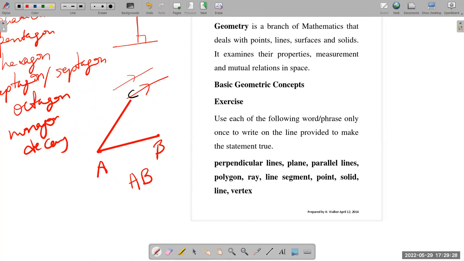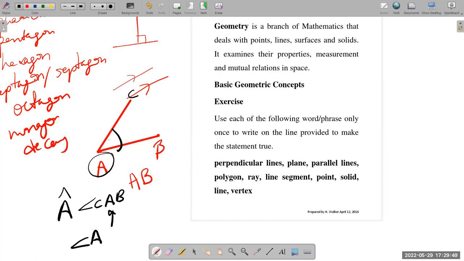So this angle could be named angle A because that's the location of the angle, or angle CAB, still realizing that the A is in the middle, and sometimes persons do angle A. All 3 of those notations we must know, we must understand.